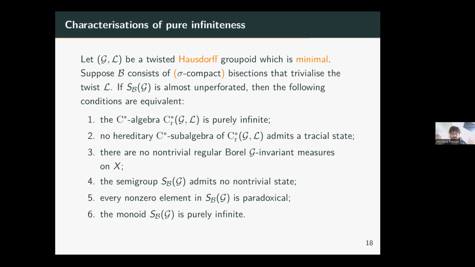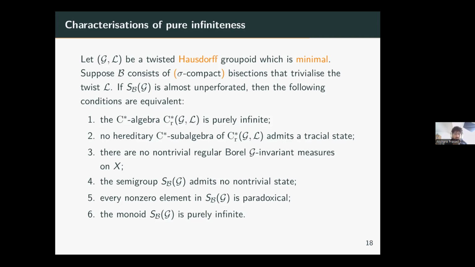And I assume that B consists of sigma compact bisections that trivialize the twist L. And if we take ample groupoids, of course, we can take B to be compact open bisections, and the sigma compact assumption also goes away. And I assume the type semigroup is almost unperforated, then I have an equivalence between all these statements.